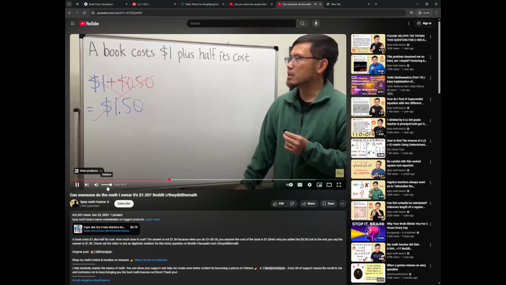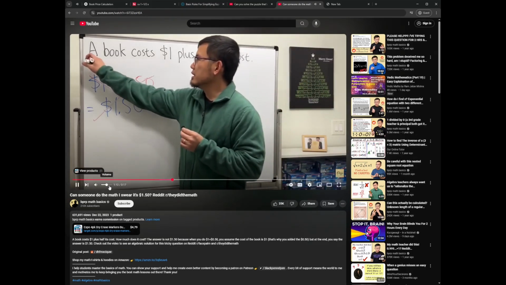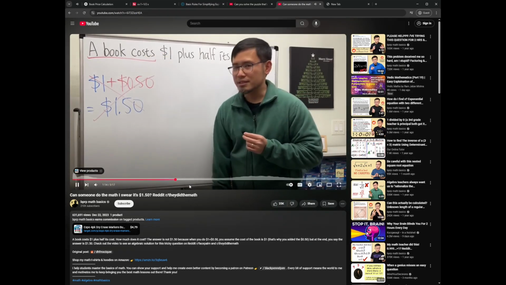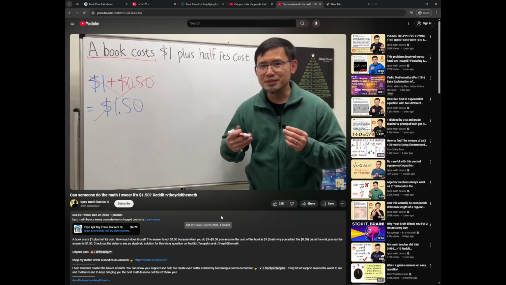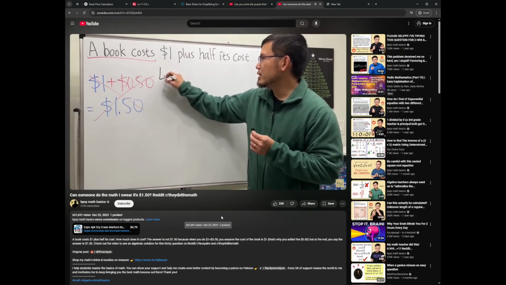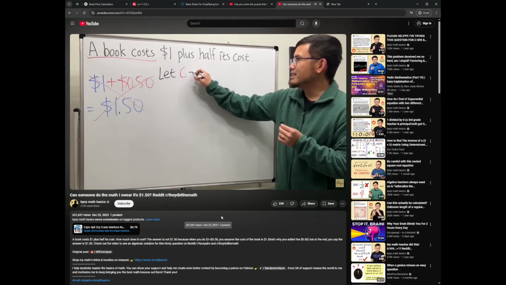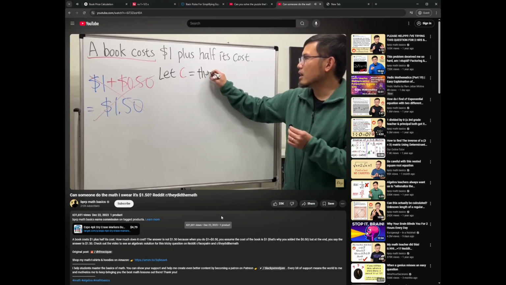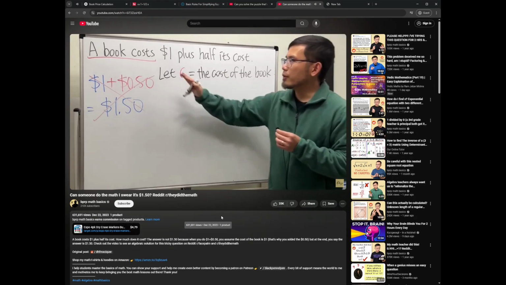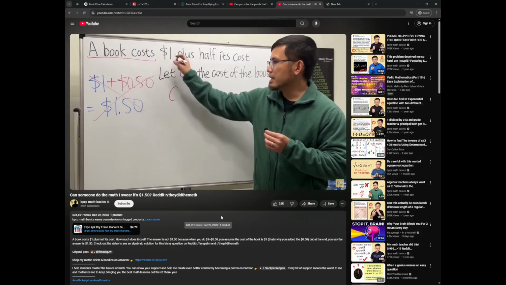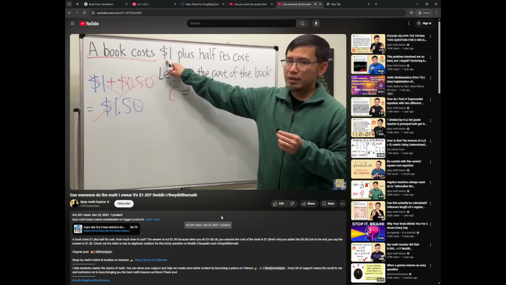This is how we can do it. It has 3 parts. Here's the first part, a book, which we don't know, and let's do some algebra. Let's use C for the variable, for the unknown. Then C equals the cost of the book. So the first part says we have C, and that is going to be equal to $1.